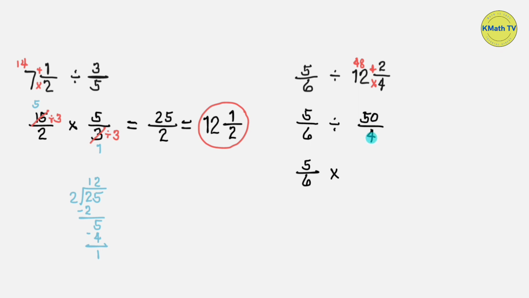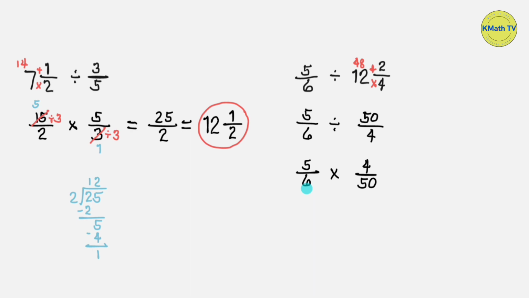So, transpose the numerator and the denominator. That means the denominator 4 will be the numerator and the numerator 50 will be the denominator. Okay, next, we will proceed to multiplication. But in this problem, we can use cross cancellation before multiplying.